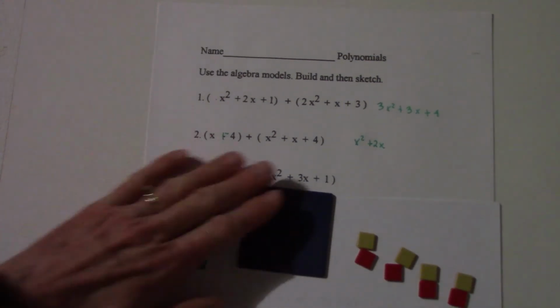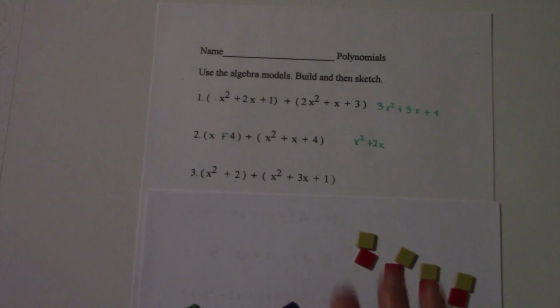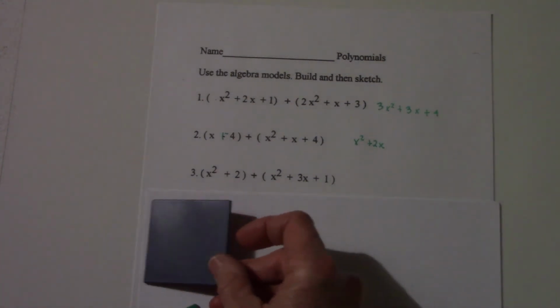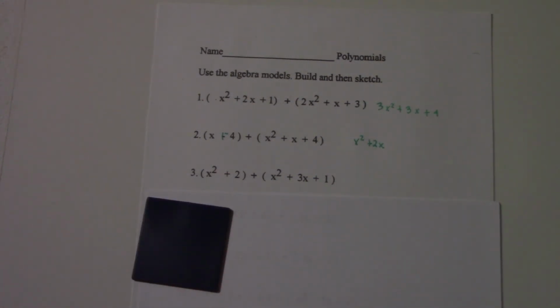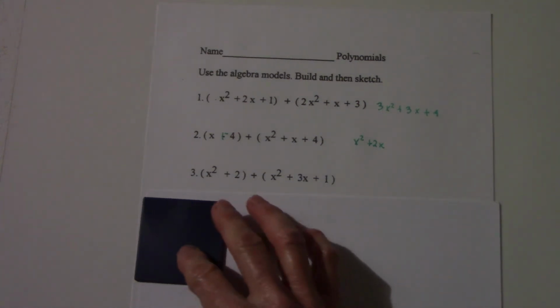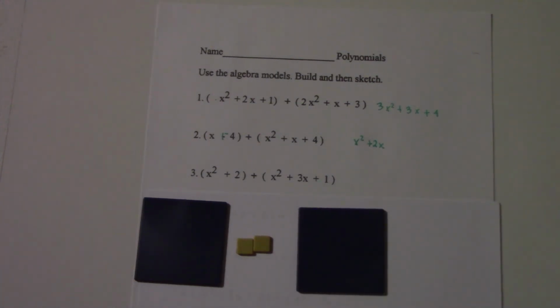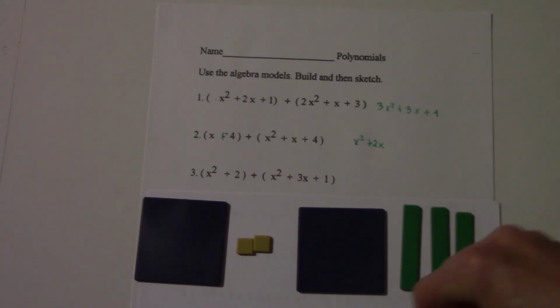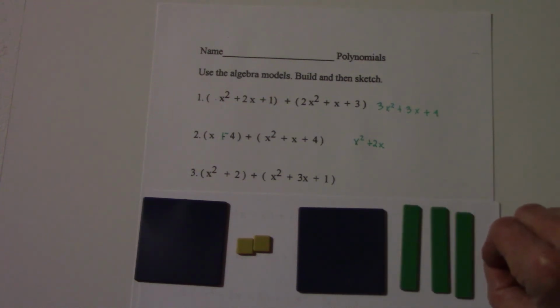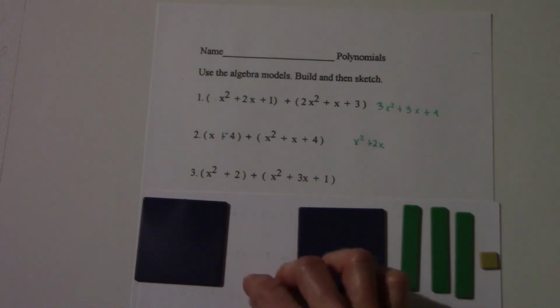When we look at the next problem, we have x squared plus 2. And here I have x squared plus 3x plus 1. So when I go to simplify this, then I'm going to put the ones that kind of go together.